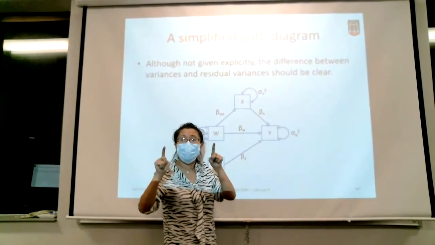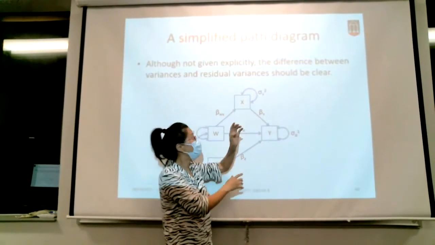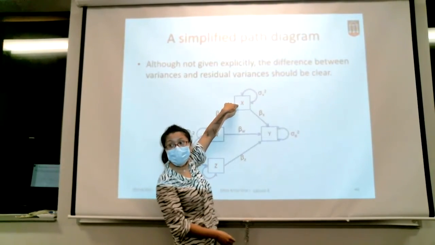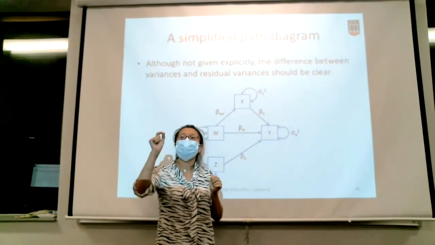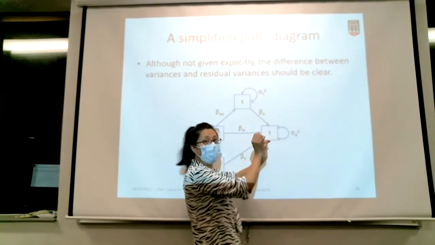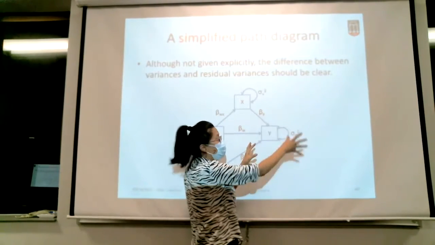You have to make sure the meaning here is different. So sigma V squared is not the variance of X, it is the variance of the residual of X.